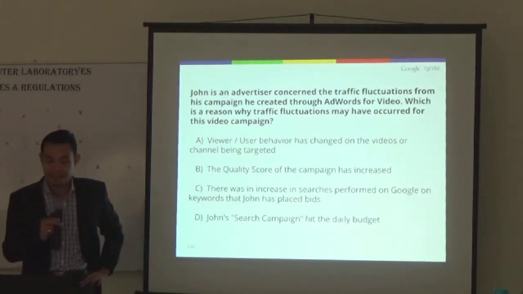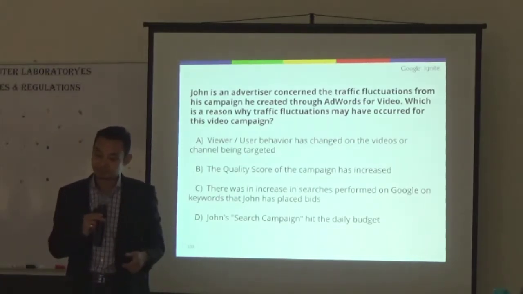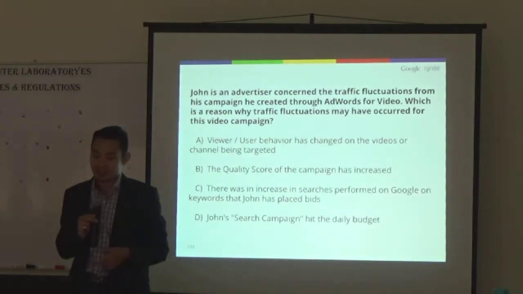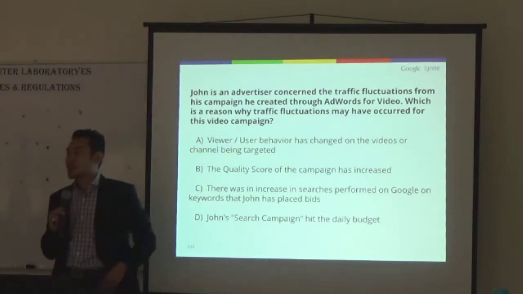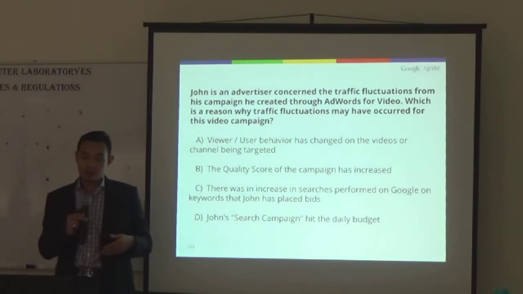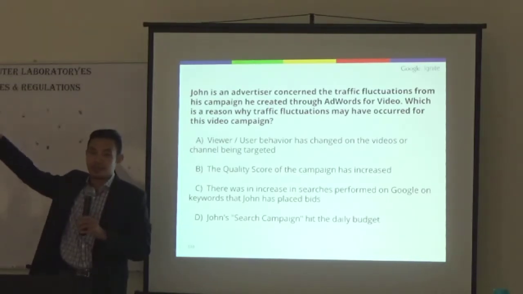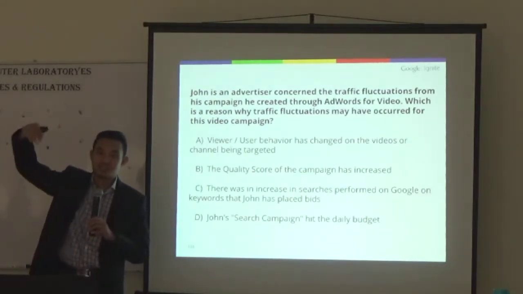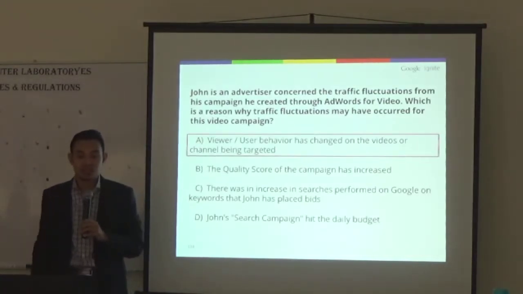D, John's search campaign hits the daily budget. To read the question again, he is concerned about traffic that is repeatedly going up and down. That's what fluctuation means. One of the key reasons why your traffic fluctuates, increasing and decreasing over a period of time, is that user behavior is changing.